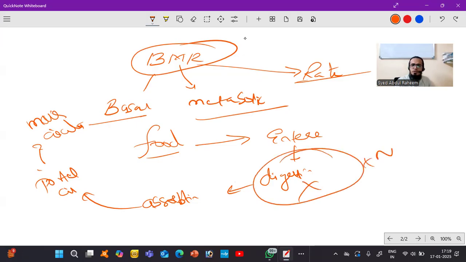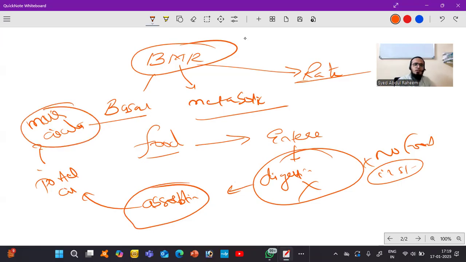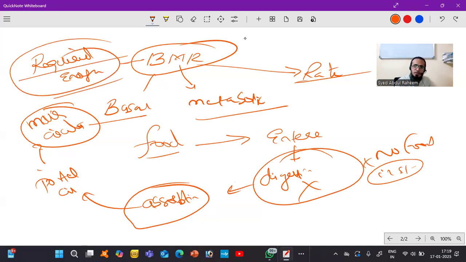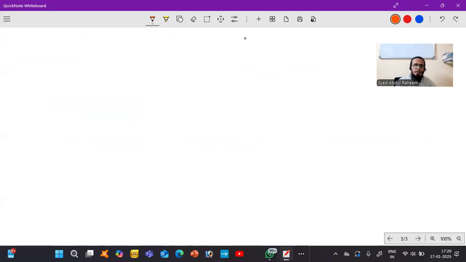There is no food in the stomach. From the process of absorption to the main circulation, how much amount of energy your body requires is known as BMR, to sustain the normal function of the whole body. So this is called BMR.